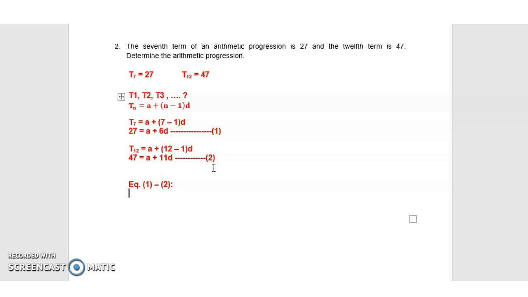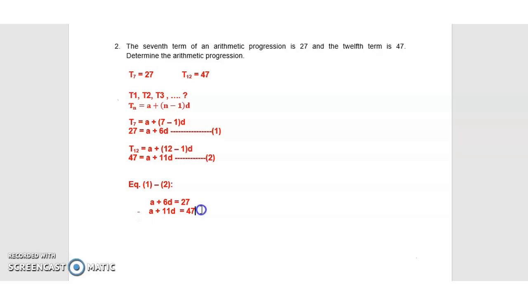Equation 1 is A plus 6D equals 27, minus the second equation, A plus 11D equals 47. So equation 1 minus equation 2.